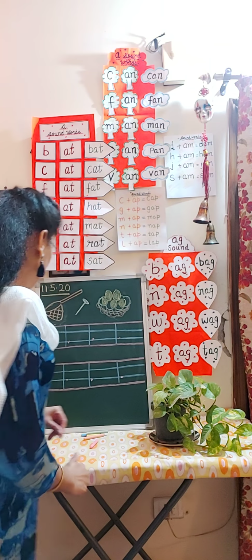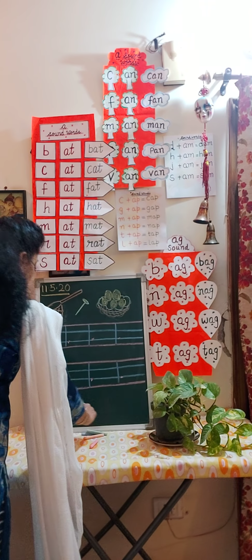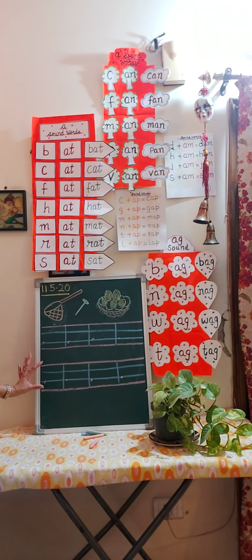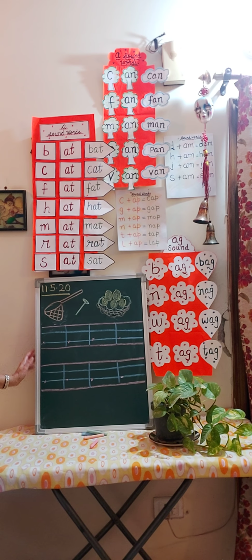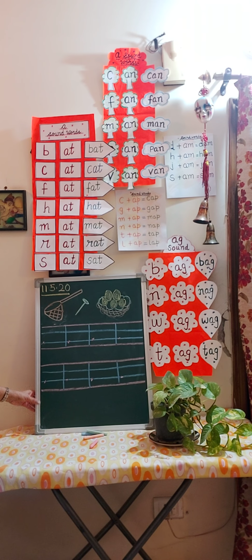So now let me start the formation of N. Again the same pattern. You have 4 lines in your copy, and the pencil you are going to use should be very sharp.